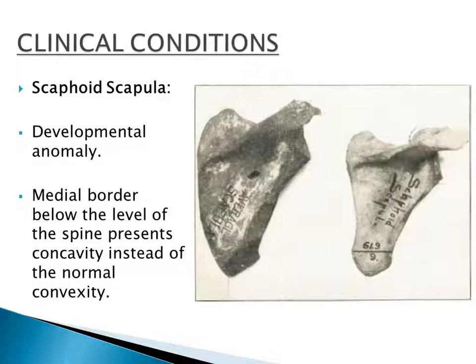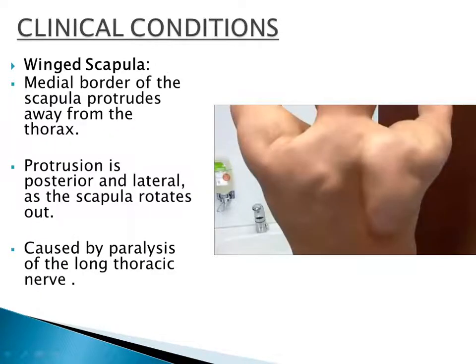So normally the medial border is convex, but in the scaphoid scapula it becomes concave. Such type of scapula is called as scaphoid scapula.